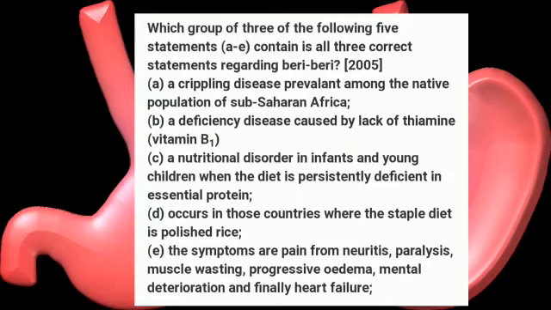The next statement is a nutritional disorder in infants and young children when the diet is persistently deficient in essential protein. The next is that it occurs in countries where the staple diet is polished rice. The last is that the symptoms are pain from neuritis, paralysis and muscle wasting, progressive edema and mental deterioration, and finally heart failure.